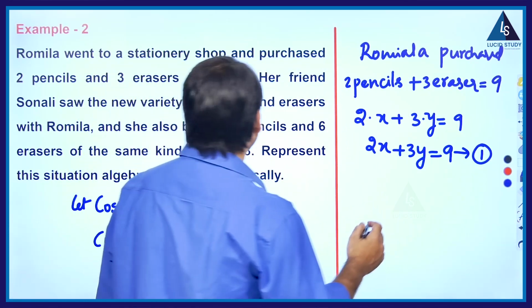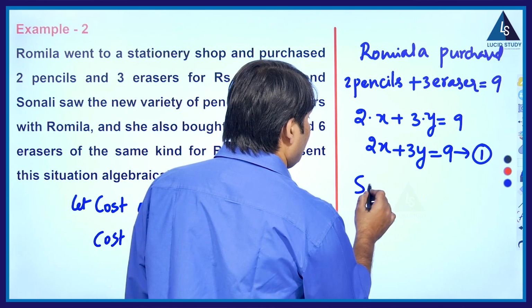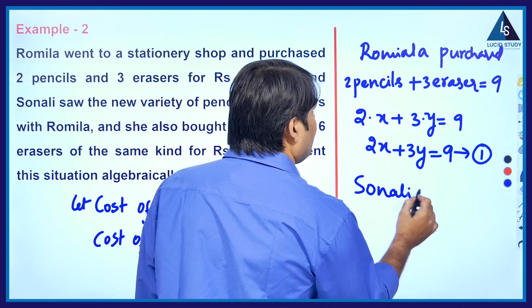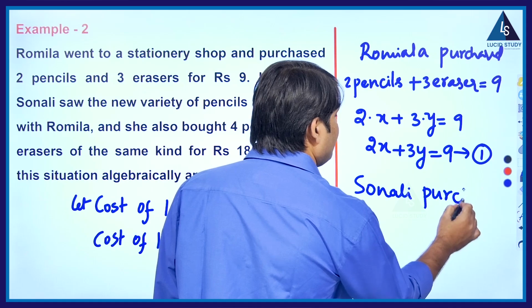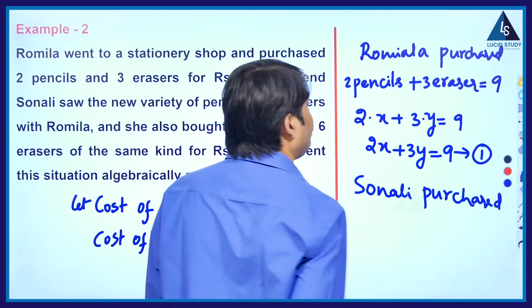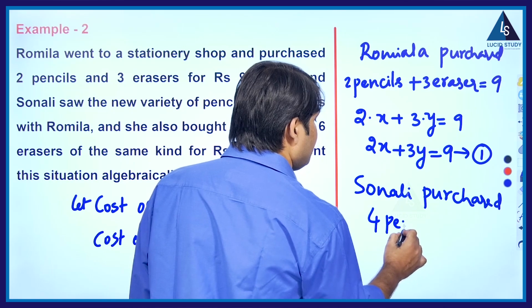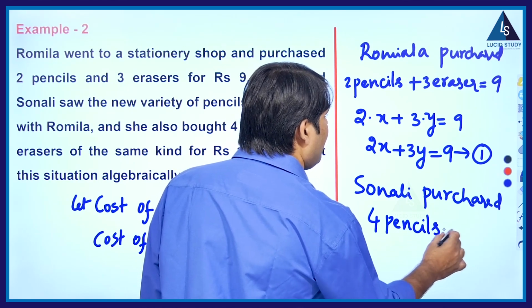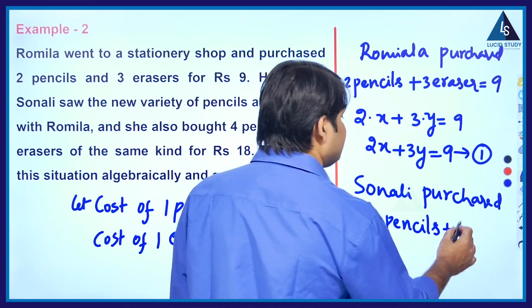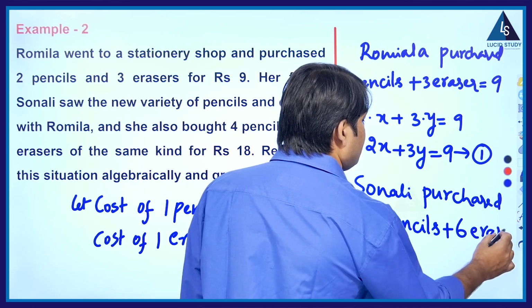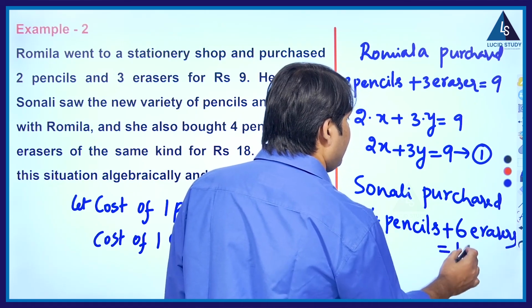Now let us go for the second situation about Sonali. How many pencils did Sonali purchase, children? She purchased 4 pencils. And how many erasers? 6 erasers for rupees 18.